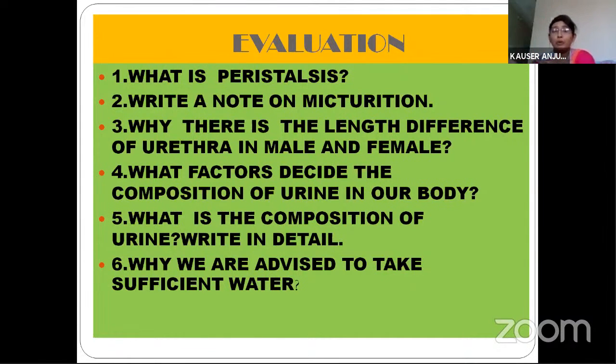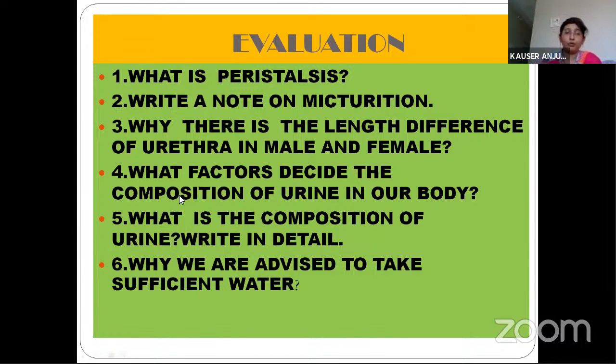Whereas in females, urethra is not attached to any other organ. So it just opens into a chamber. So the urethra is small in the females, whereas it is very long in the males. And in the males, the urethra is called the urinogenital duct. That means it takes both urine and the sex cells.